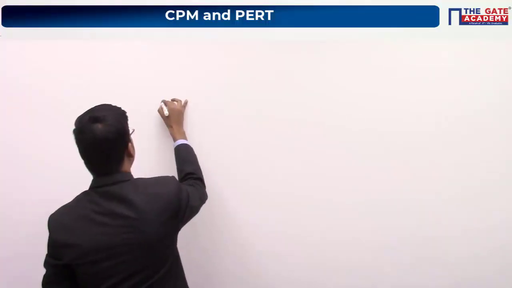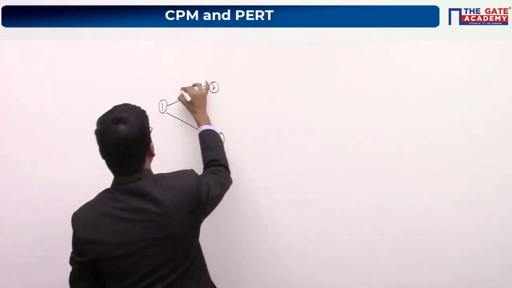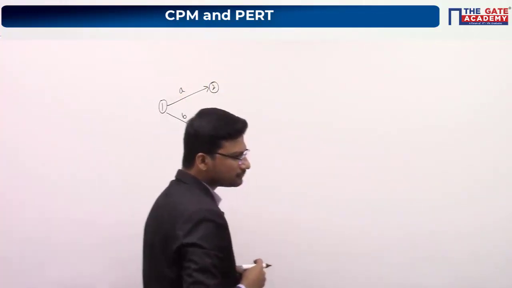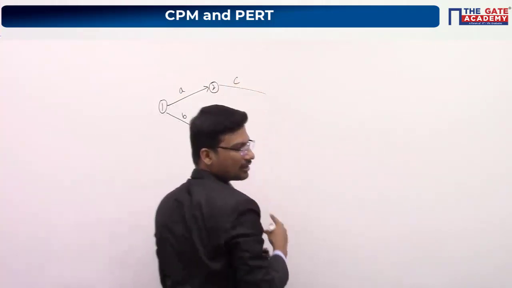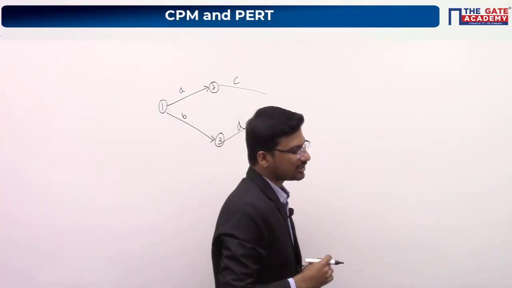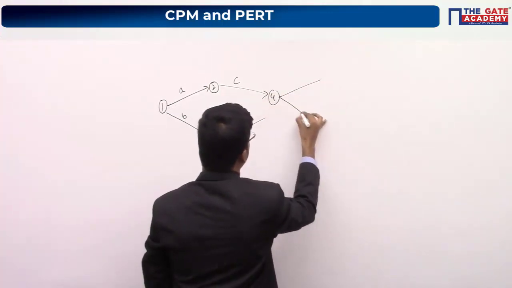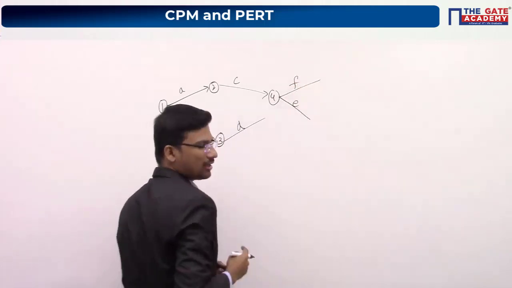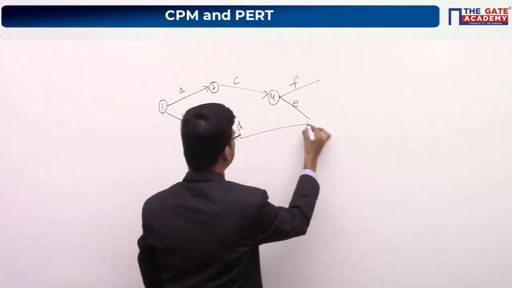So let's draw the network diagram. A and B are the activities which are not having any predecessors, so start them at a time, 1 to 2 and 1 to 3. After completing activity A, I have to start activity C, and after completing B, I have to start activity D. After completing C, I have to start E and F. Then D and E have to be completed, so join D and E at a single node, let us say node number 5.